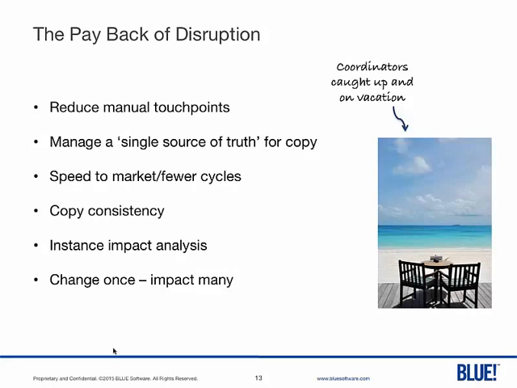If you get to a model where you have that one ingredient statement or that claim statement in one place in a database instead of on 20 Word documents, then you have a much better way of managing your copy, and you can quickly do that impact analysis. And just getting back to the image here, back to the water theme, this image is these heroic coordinators who can now take a break because they're on holiday, because they're all caught up on managing their copy.